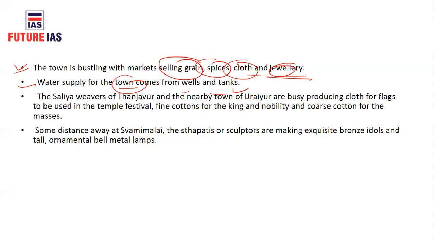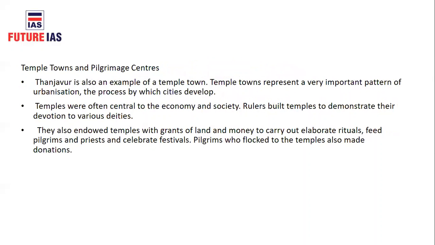Fine cottons were produced for the kings and the nobility. Coarse cottons were produced for the masses. So such weavers were present in Tanjavur, isn't it? There were many exquisite bronze idols and ornamental bell metal lamps also produced in Tanjavur.